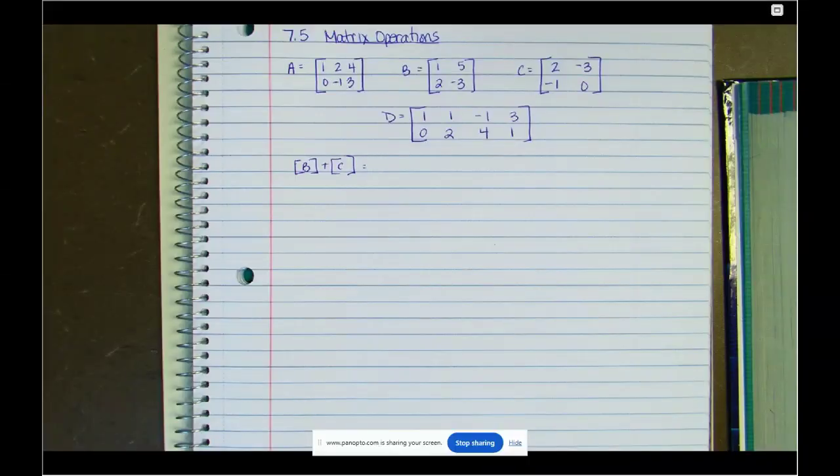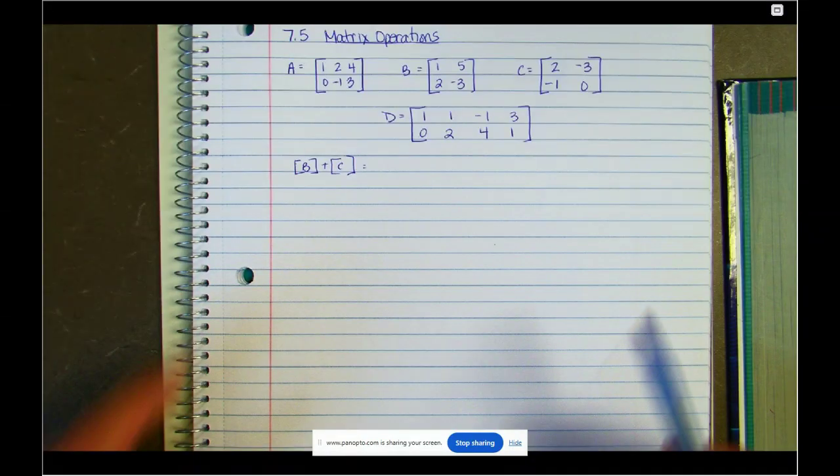Just take a guess. Christian, what do you think? First row. 3 and 2? B plus C.